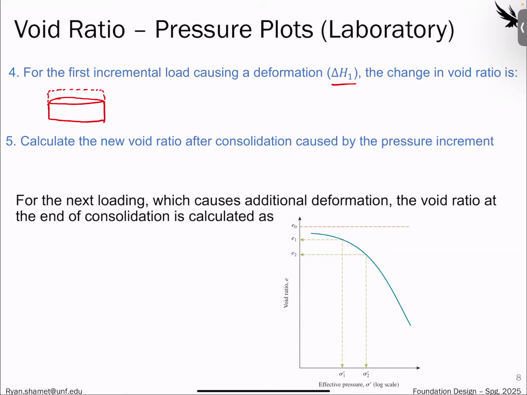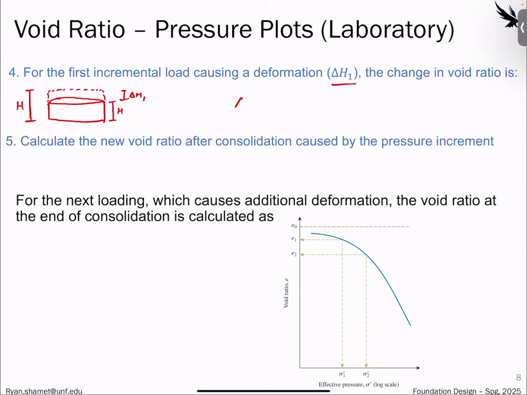But after the first increment, this is going to be H1, and that change is going to be change in height 1. That's from the dial gauge, which we measure, and then we know the initial height.